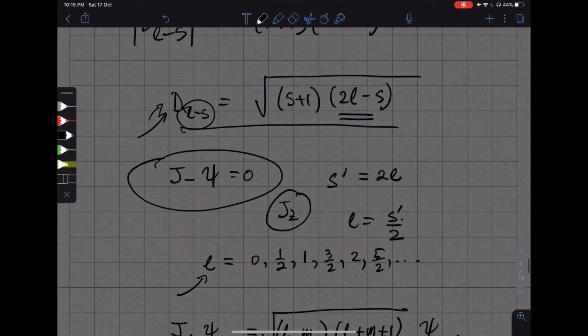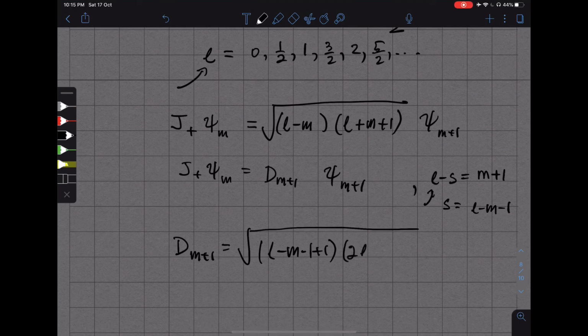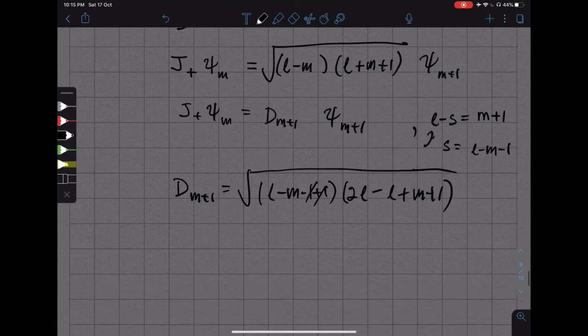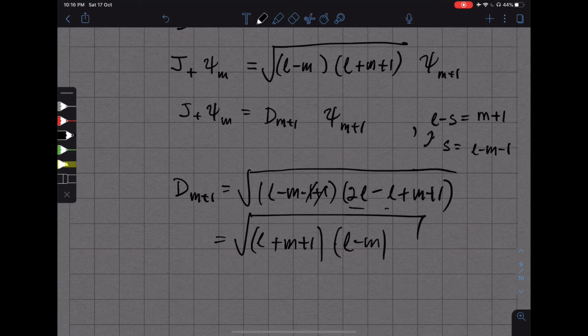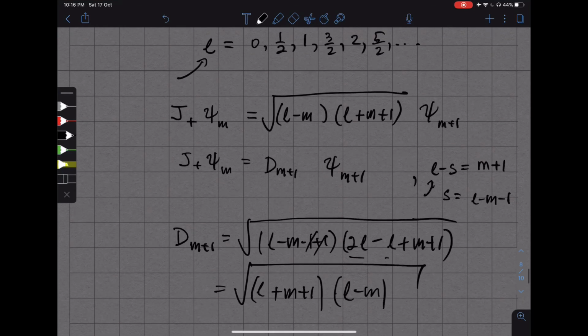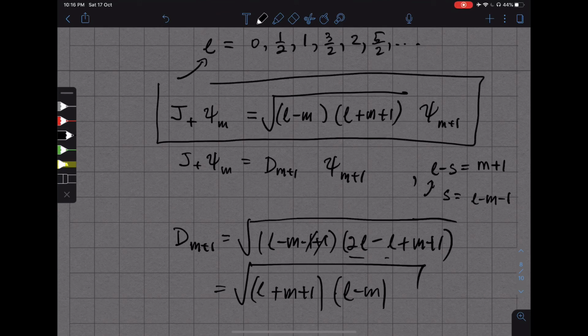That's one term. The other term is going to give me 2L minus L plus M plus 1. So here, these ones cancel out. And over here, 2L minus L is going to give me just L, and then I'll get L plus M plus 1 times L minus M. So using this, we find this lovely relationship.